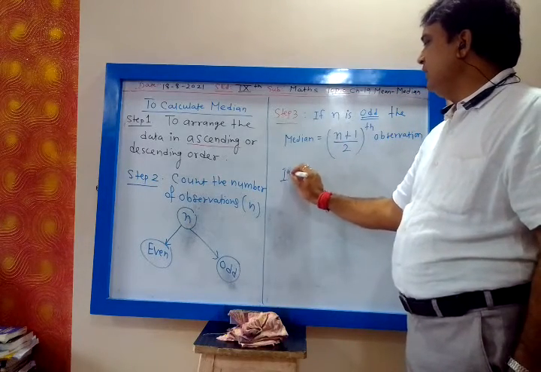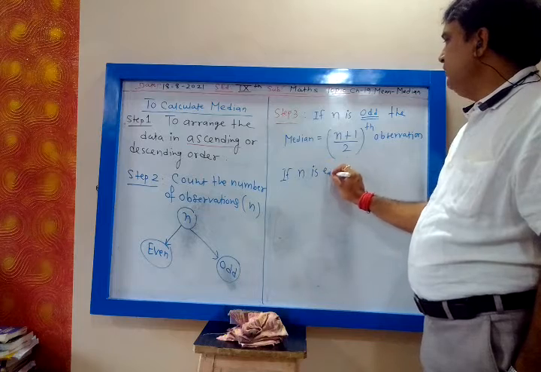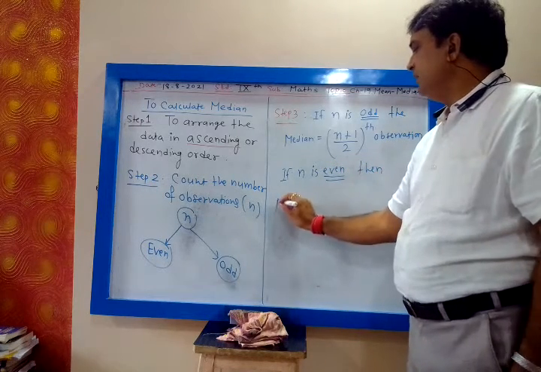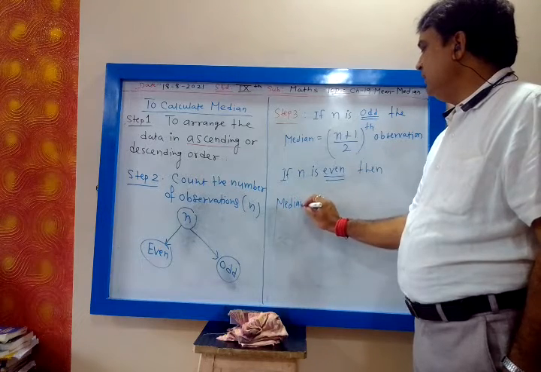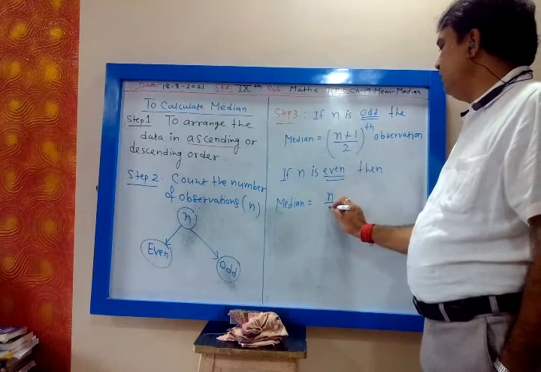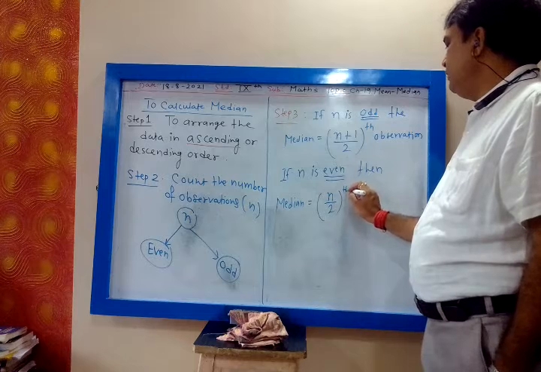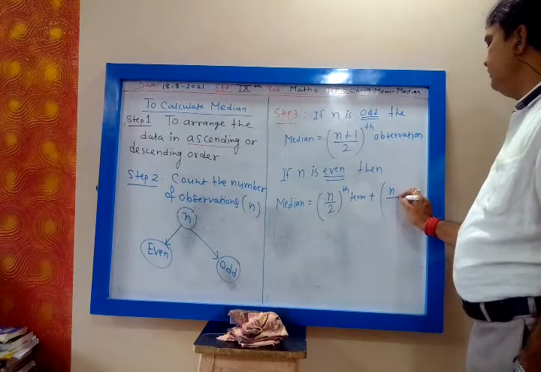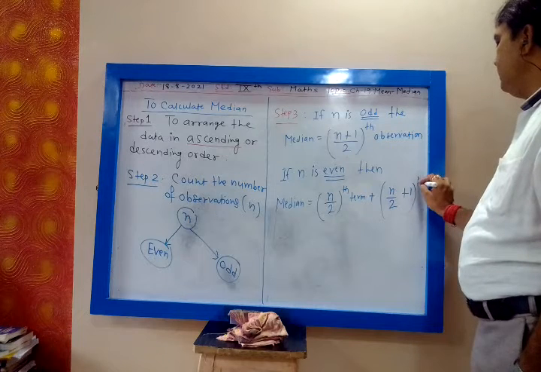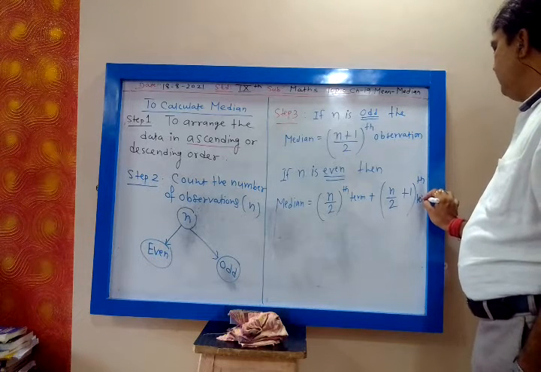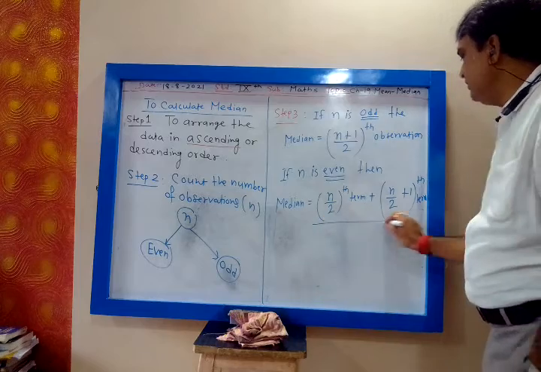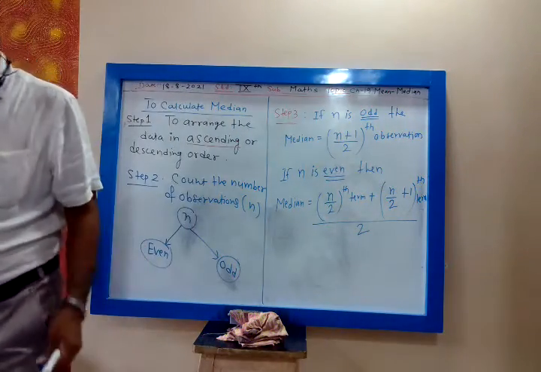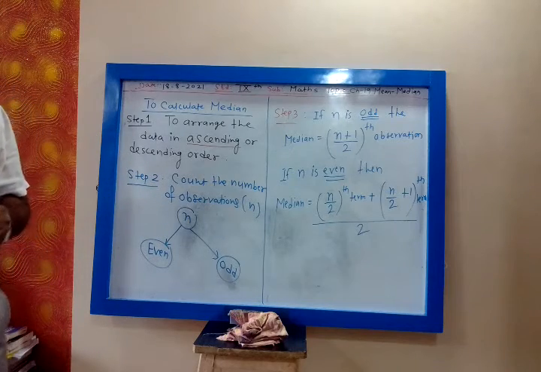Then if n is even, then median will be n by 2th term plus n by 2 plus 1th term, whole divided by 2.